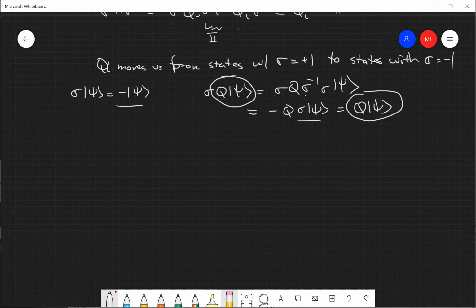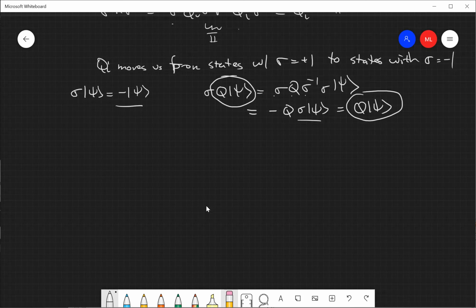And another interesting thing is that because of this operator that flips us from one parity to another, whenever you have a non-zero energy level, the states will get paired off into pairs with different parity.